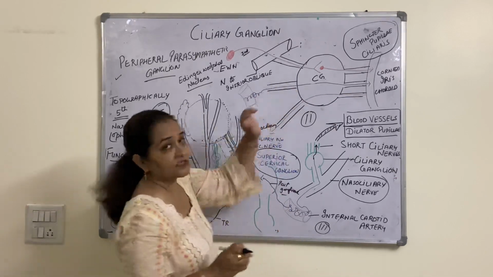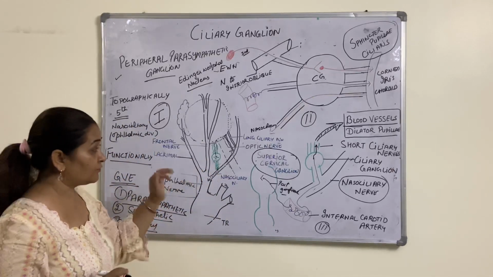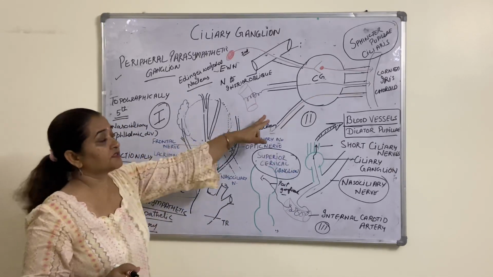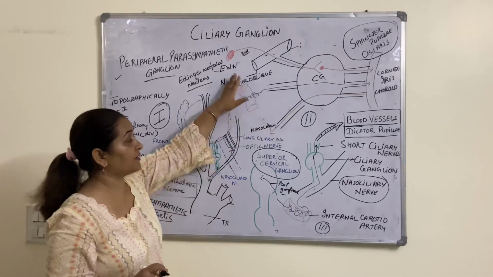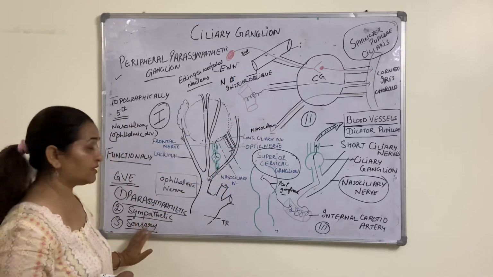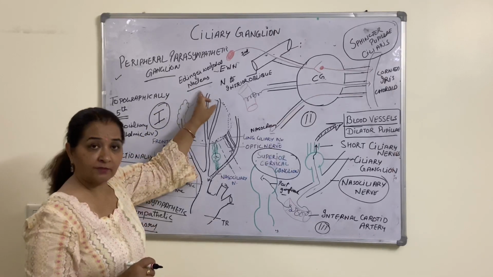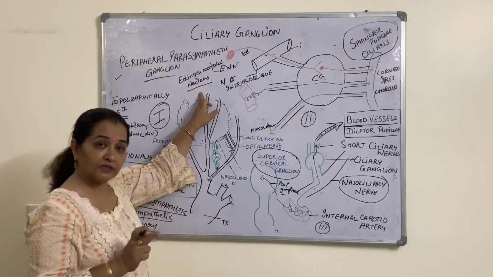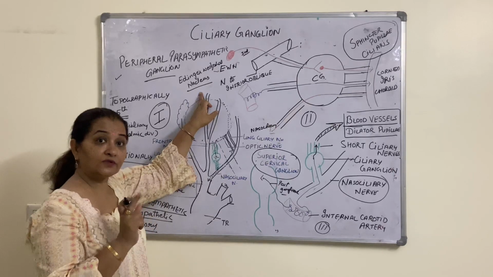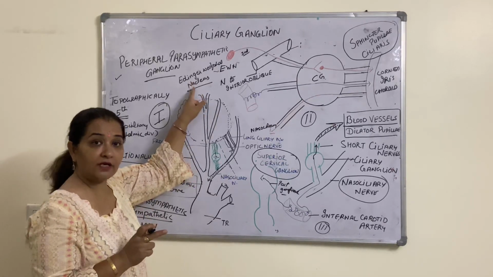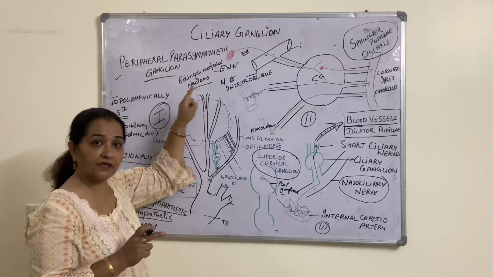So our concern is about the ciliary ganglion. The alternative routes are there, but our concern is about the ciliary ganglion, which has three routes: parasympathetic, sympathetic and sensory. Parasympathetic, I told you, the fibers basically arise from the parasympathetic nucleus of the third nerve. What is the name of that nucleus? Edinger-Westphal nucleus, which is in the midbrain.